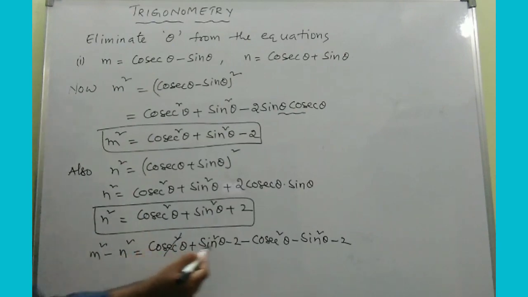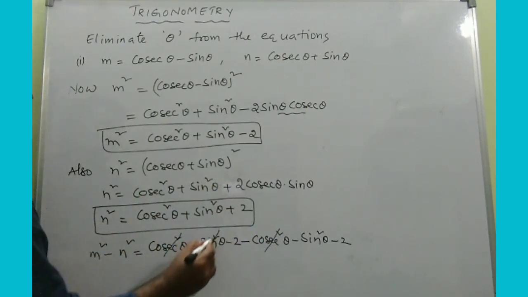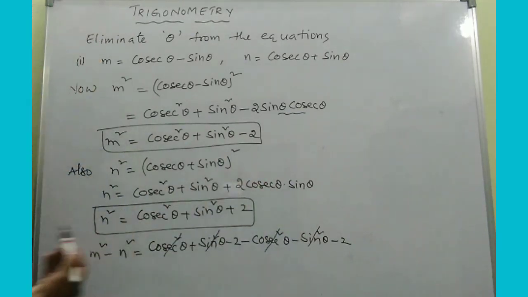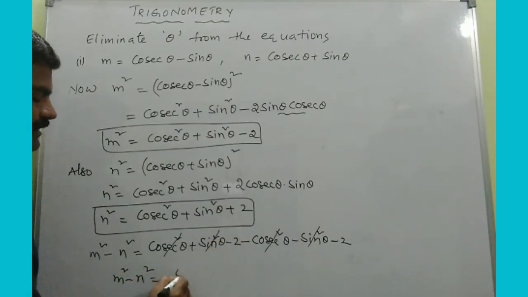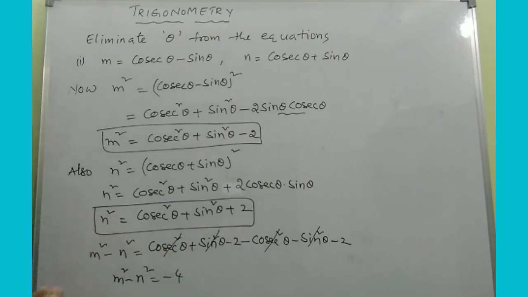So plus cosecant square theta minus cosecant square theta gets cancelled. Even plus sin square theta minus sin square theta is also cancelled. Hence, see, we got a relation: m square minus n square is equal to minus 4. See, a relationship without theta. There is no theta.